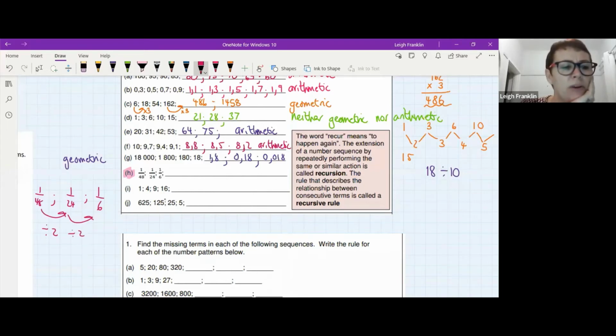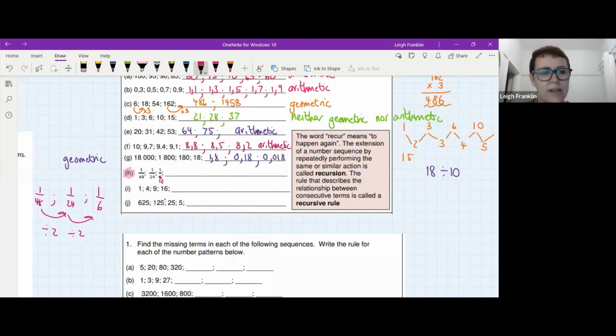Okay, are we dividing by 2 or are we dividing by 4? Is there a mistake in this pattern? Because 24 is half of 48, but 6 is not half of 24. I think this was supposed to be a 12. Okay. It's supposed to be a 12 because now it's like we're dividing by 4. Yes, exactly. Okay, so let's just change that to a 12.